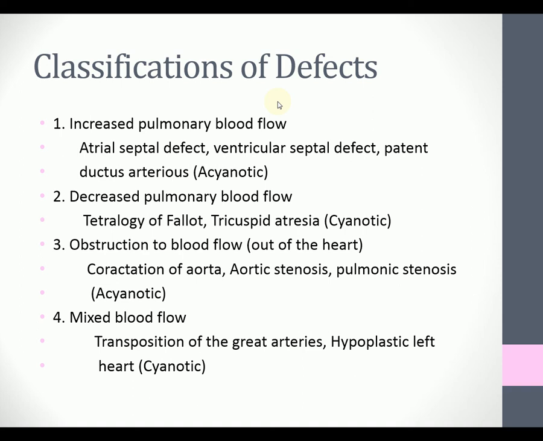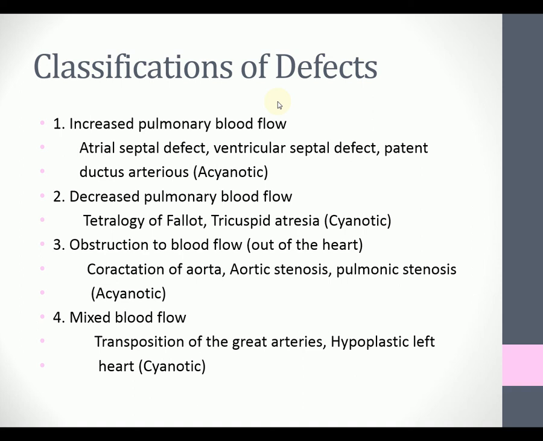Although we all need to learn the 4 classifications, you still hear acyanotic and cyanotic used. It was a little bit simpler if you just said acyanotic and cyanotic, but they have determined there are certain types of congenital heart defects that need to be changed because they don't really fit into the particular reason why they are that way.